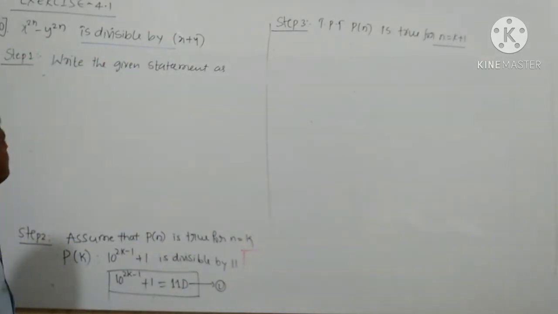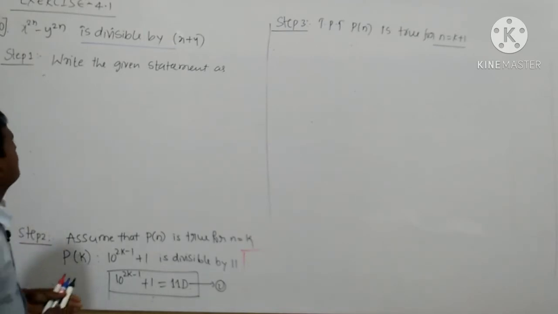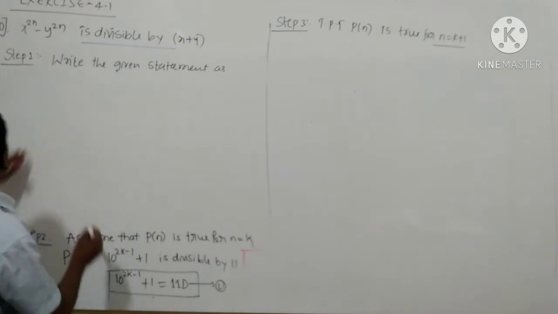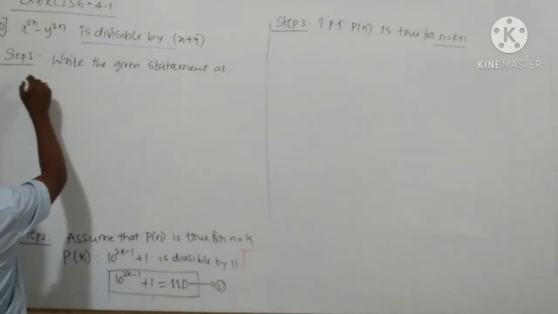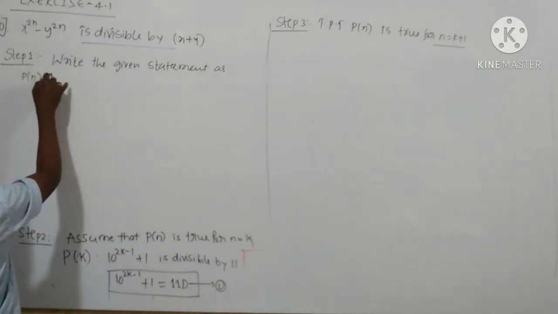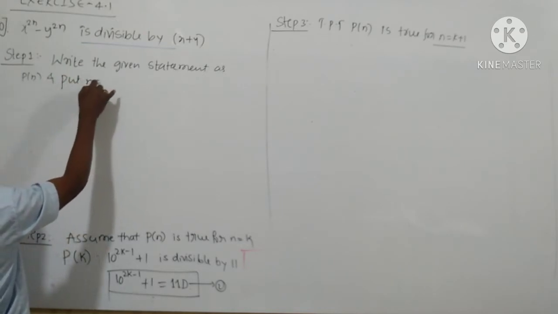So again we have to use the principle of mathematical induction to prove this statement. So again step 1, write the given statement as P of n and put n is equal to 1.